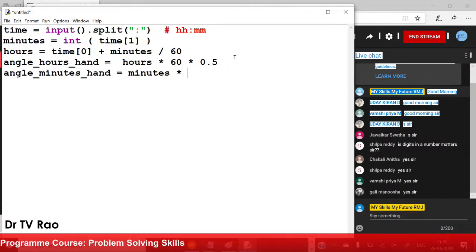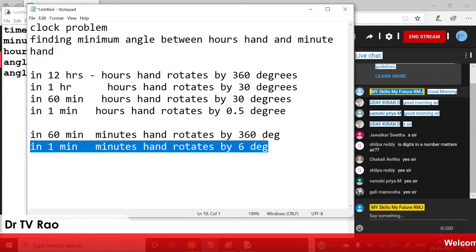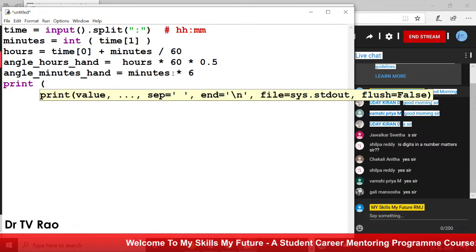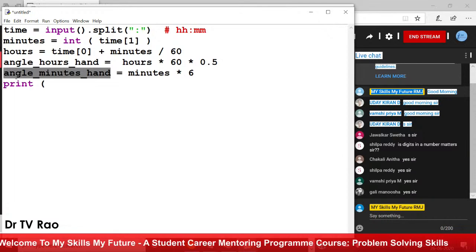For each minute how many degrees? 6 degrees. Okay, into 6. Right, now let us print these two. Print angle rotated by minutes hand and angle rotated by hours hand.